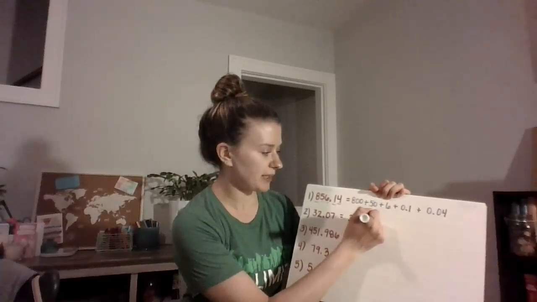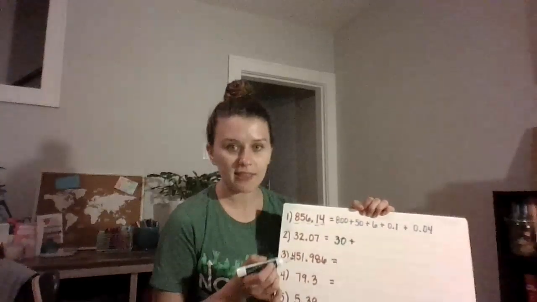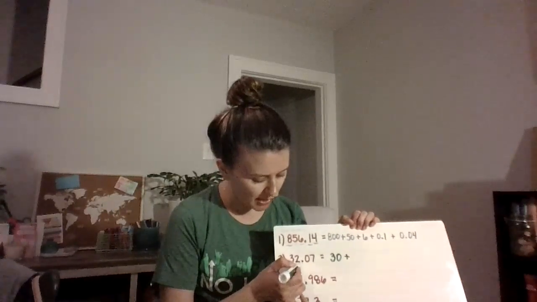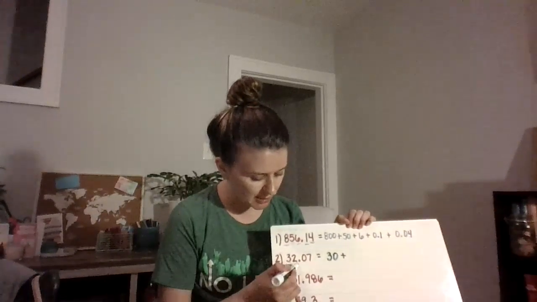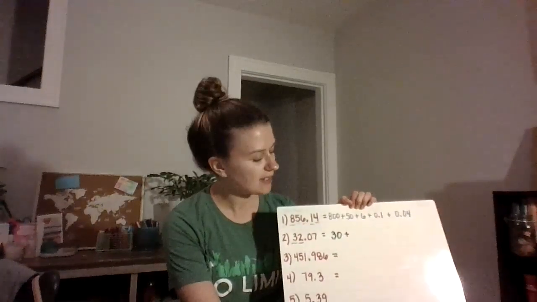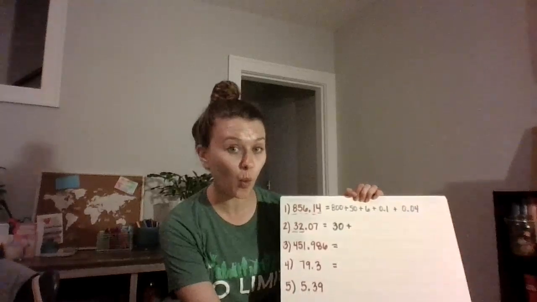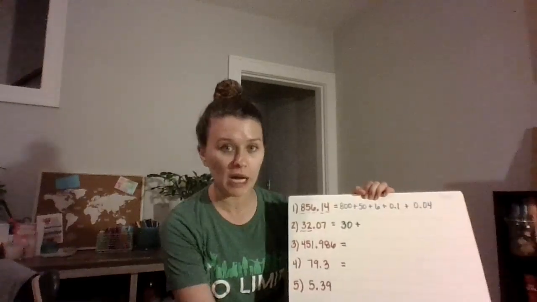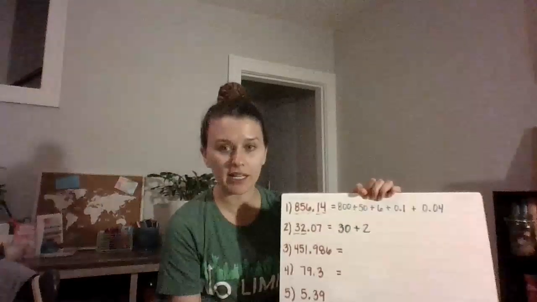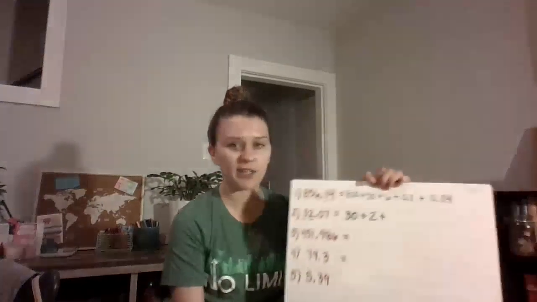Then I'm going to write my plus sign, and then I'm going to look at my next place value. So next is my ones place, and in my ones place I have the digit 2. So that means I have 2 ones, and 2 ones is equal to 2. So I'm going to write a 2. And then I'm going to write another plus sign.